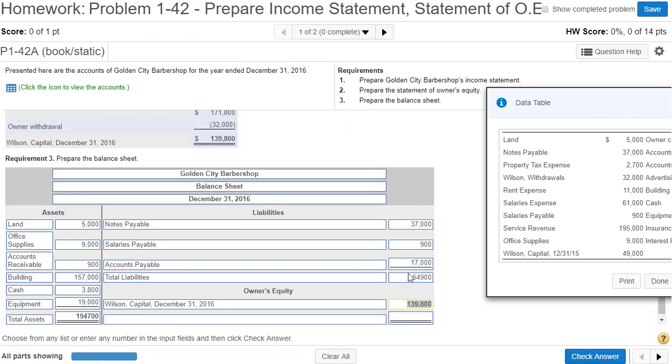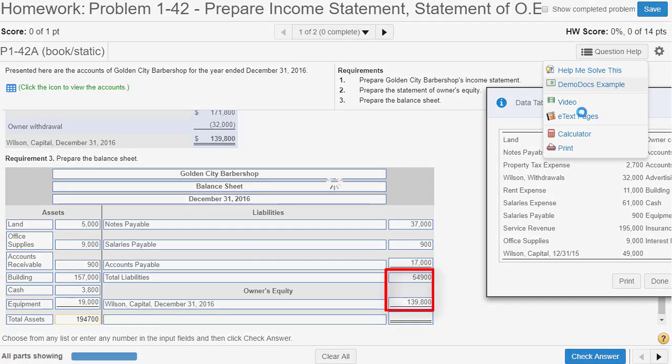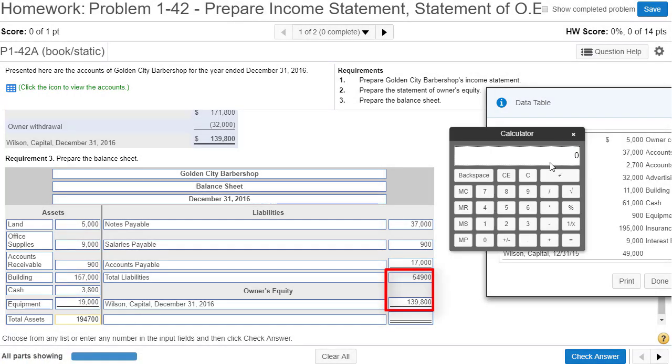So we're going to take total liabilities, $54,900, plus ending capital, and put the total here and hope and pray that it's the same as this, $194,700. Because remember, the balance sheet must balance, which means assets have to equal liabilities plus equity. So we'll get out our handy dandy calculator.